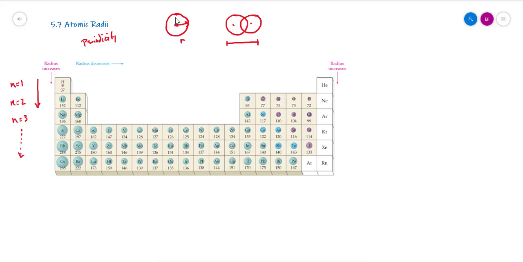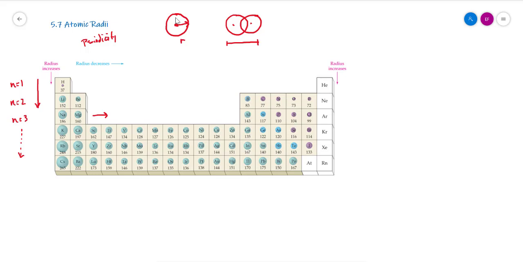What's a little bit less easy to understand, though, is what happens if we move, say, across a row. So if we're moving across a row here, say from sodium to magnesium to aluminum to silicon, we can see that we're actually decreasing in size as we move across, even though we know that the atomic number is increasing, or in other words, the nucleus is getting bigger, right?